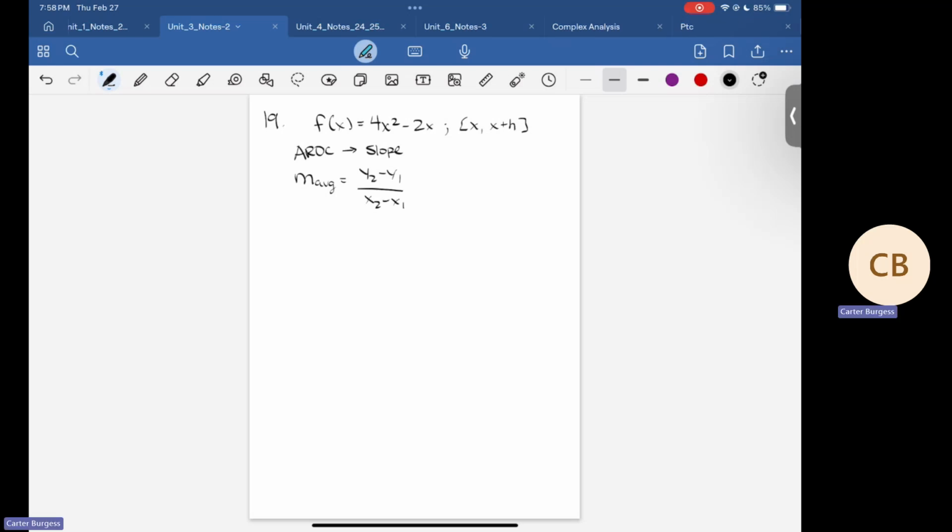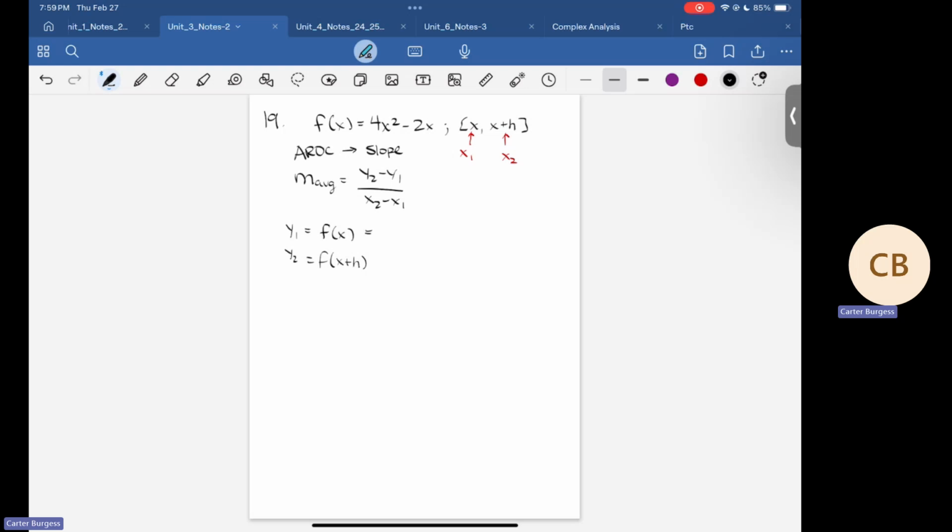The thing that you guys need to recall is that what I have given you here are x values. This is x1, this is x2. So what we need are y1 and y2, which is what we get when we plug x1 and x2 into our function.